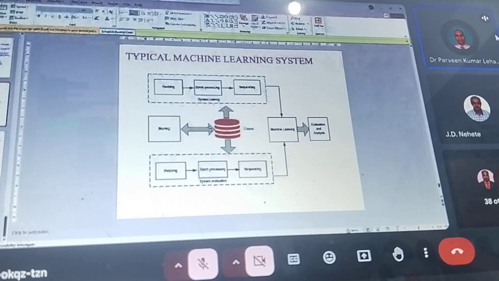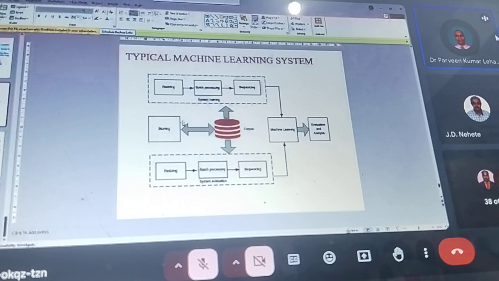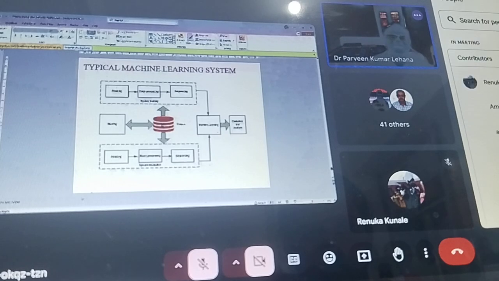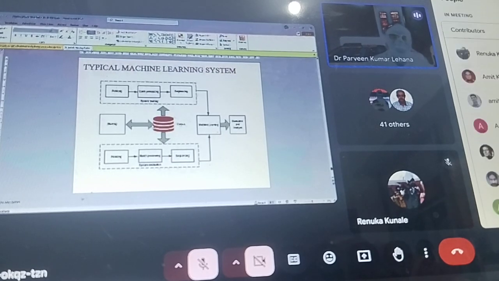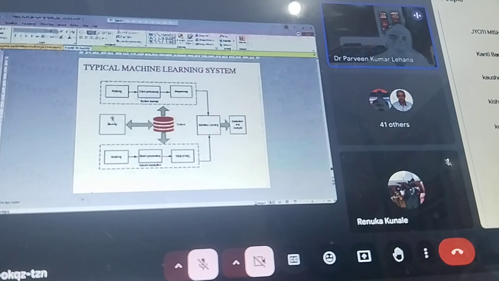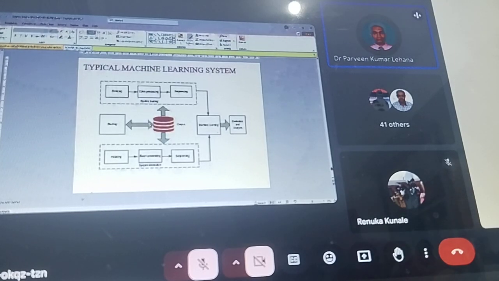In this case, we take the input image and blur it, because we want to study how much blurring can be afforded by the machine learning, so that its output is not disturbed by the level of blurring present in the input images. From the database, that is the corpus, images are hashed and blurred by different amounts and again stored in the database, and those images are used for training the network.